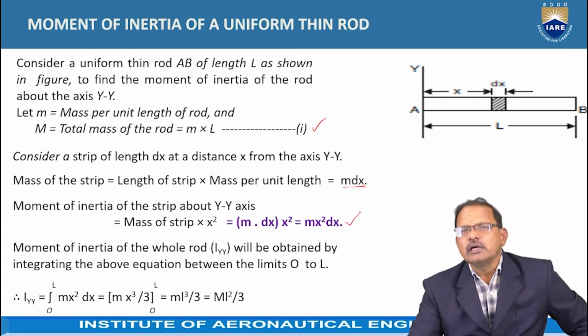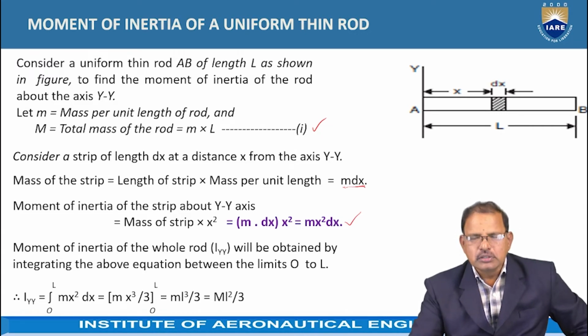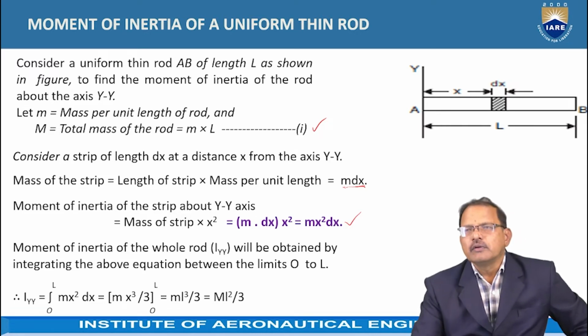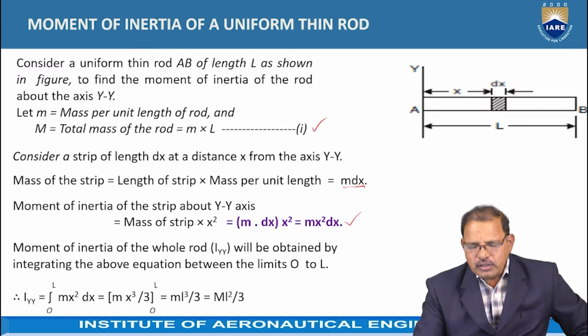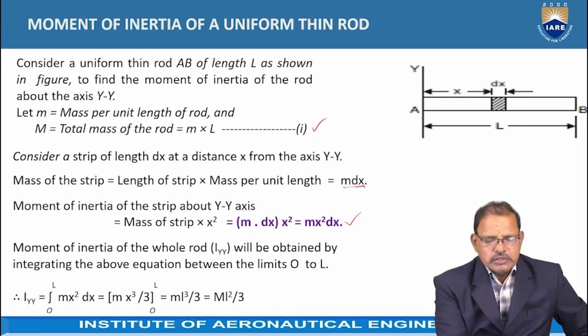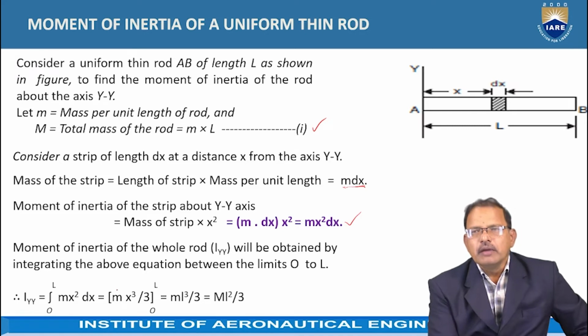The moment of inertia of the whole rod about the line yy, which is I_yy, will be obtained by integrating the above equation with limits from 0 to L, that is the length of the object. Hence, I_yy is the integral from 0 to L of m x square dx.